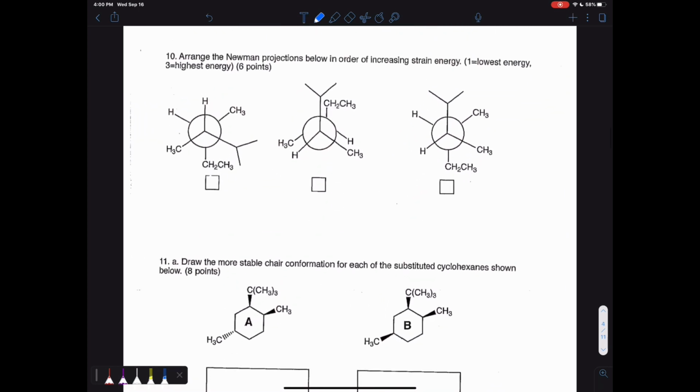Arrange the Newman projection below in order of increasing strain energy, lowest energy to highest energy. So, looking at those Newman projections, we remember in class that Dr. Bean said that when you have an eclipsed, I can't spell eclipsed, it's gonna be the most unstable, right?